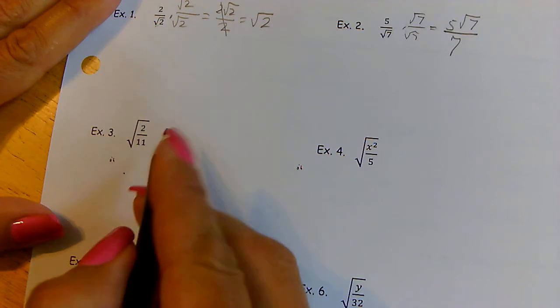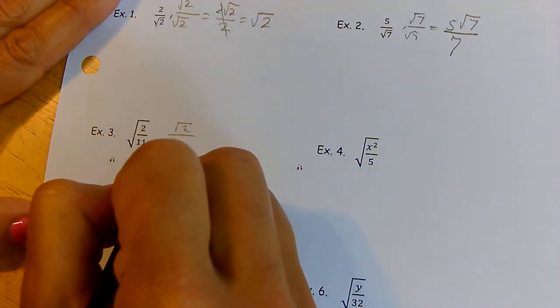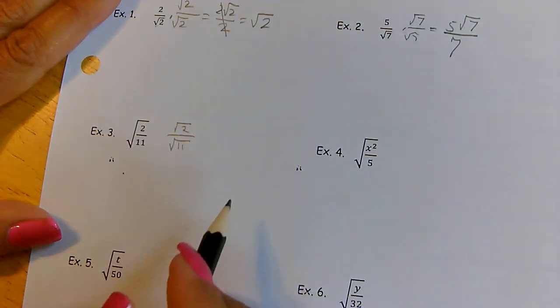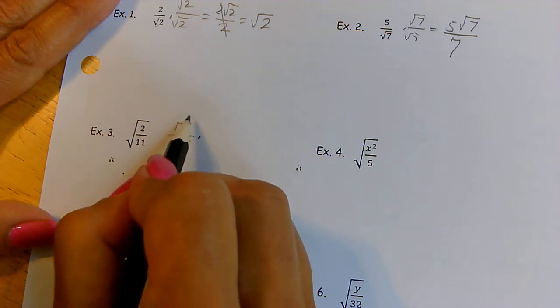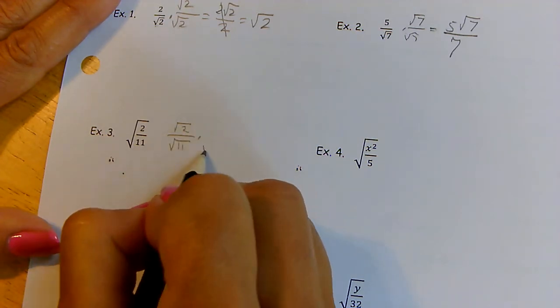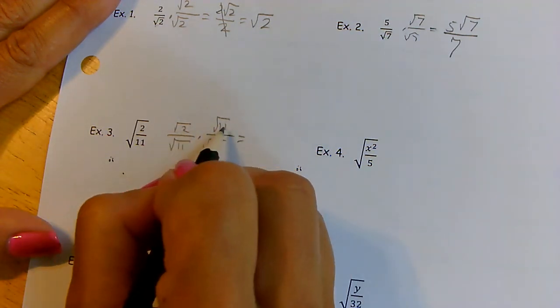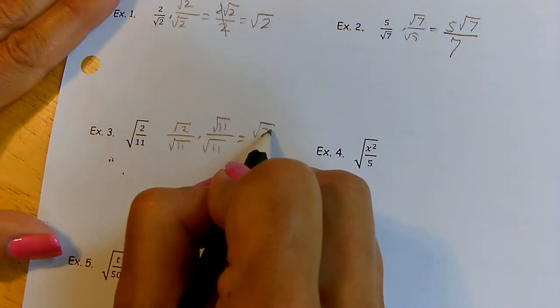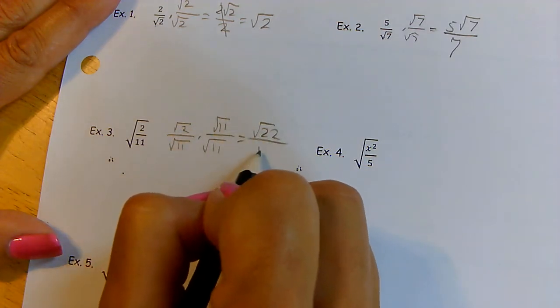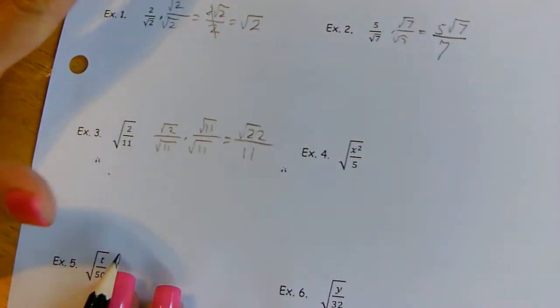I can't simplify this as a whole, so I will put separate radicals, multiply by the denominator. This will be 22 on the inside, which is simplified, over 11, and that's all I can do there.